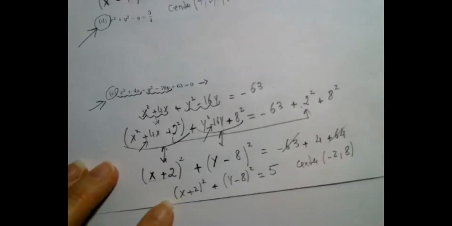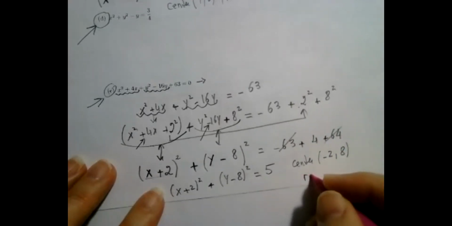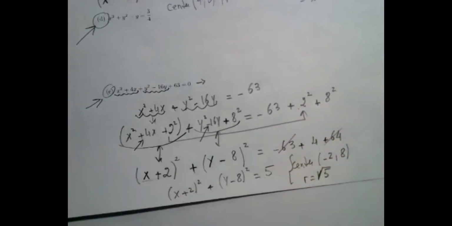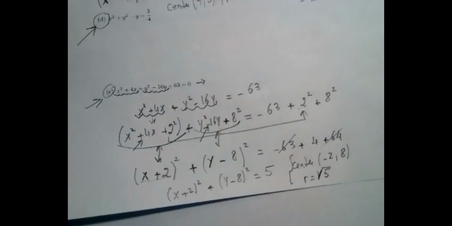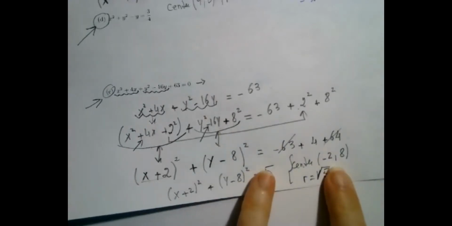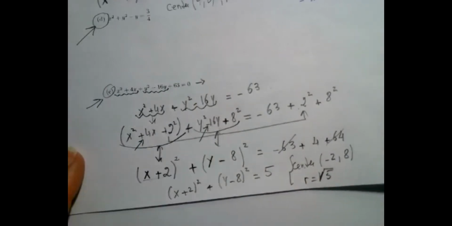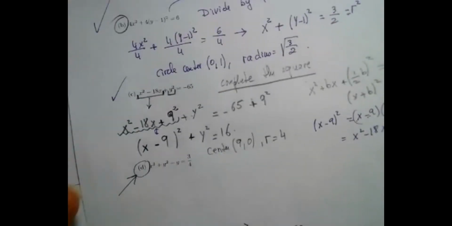The k is 8. And my radius is the square root of 5. So it's a fairly complicated form. And now I can sketch all the points that satisfy this equation by sketching the circle. Right? Please go over number D by yourself because you have to know how to handle those problems.